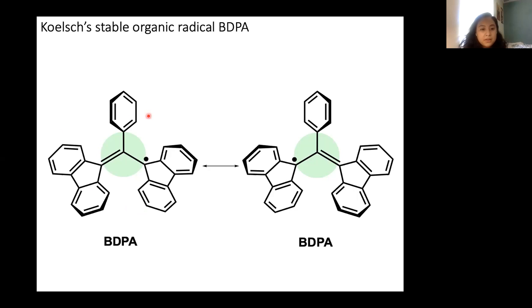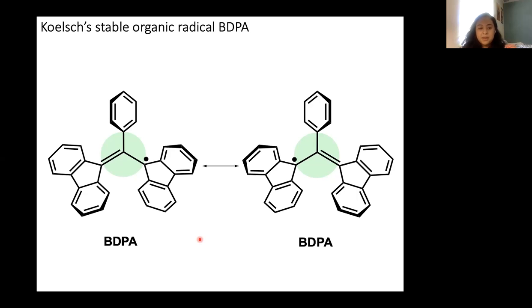Instead of just simple phenyl groups around the triaryl carbon here, we have fluorenyl groups. Fluorenyl groups are very big and bulky, and this electron can now resonate between the fluorenyl groups. This heightened stability, plus the bulky protectiveness of the fluorenyl groups, further stabilizes our molecule because this radical can no longer dimerize, nor can it react with other species.